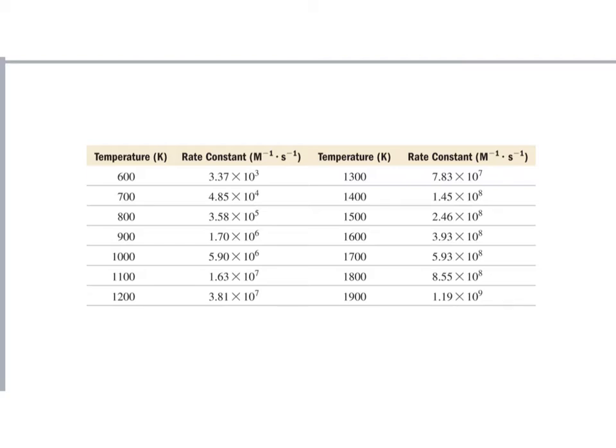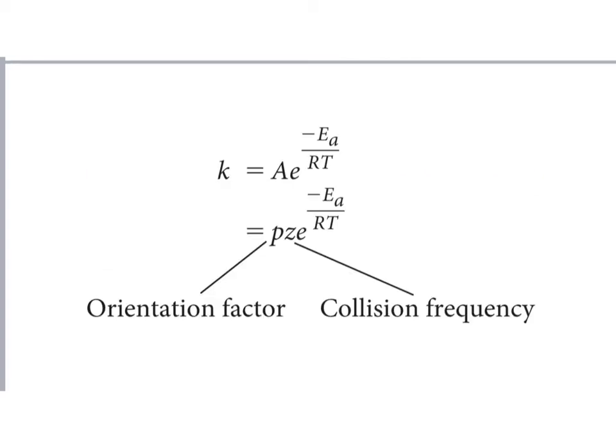Okay, so we can look at data, and we can look at these rate constants at different temperatures, and figure out a little bit about what's going on. This is the temperature dependency of rate constants.